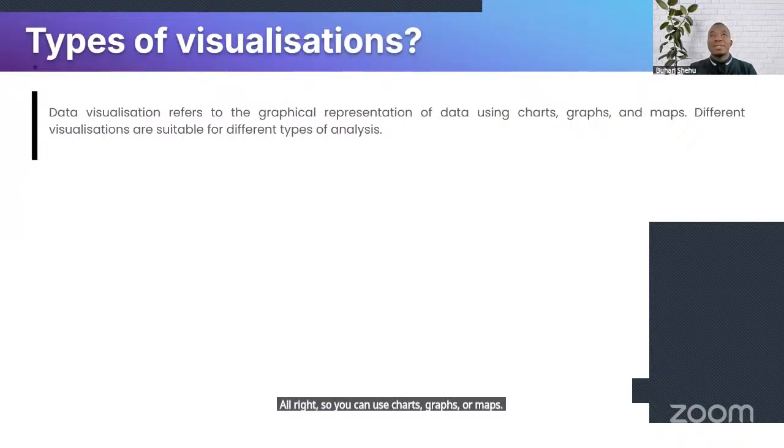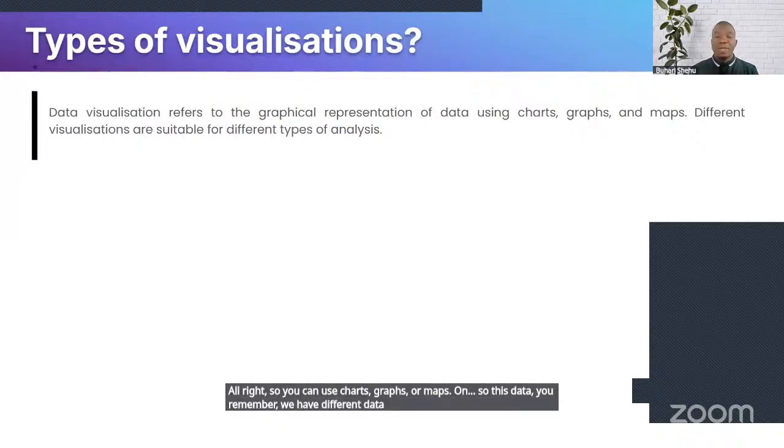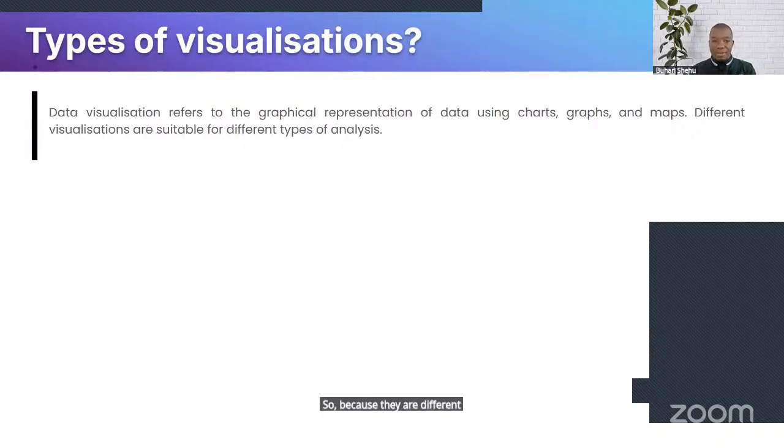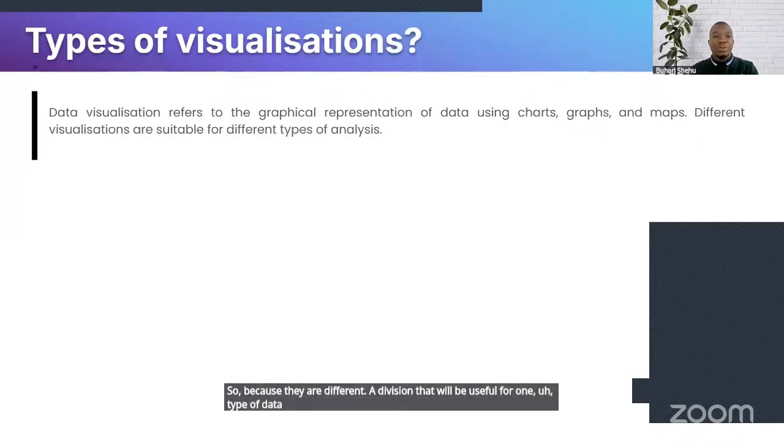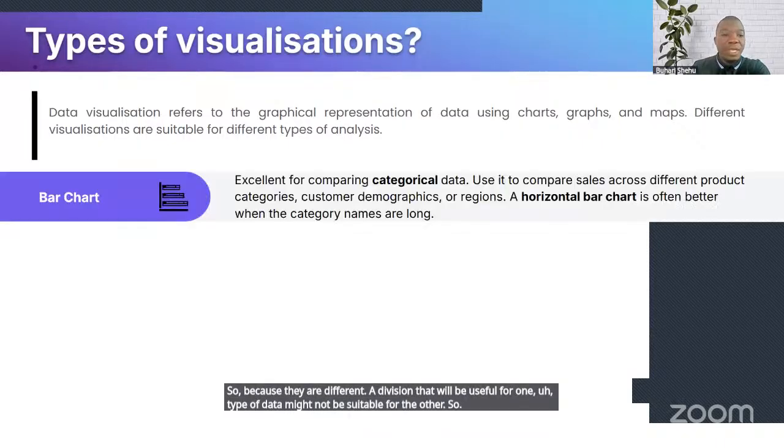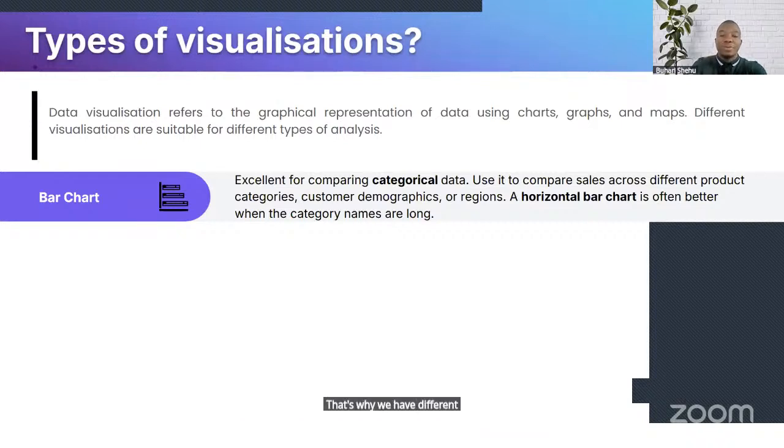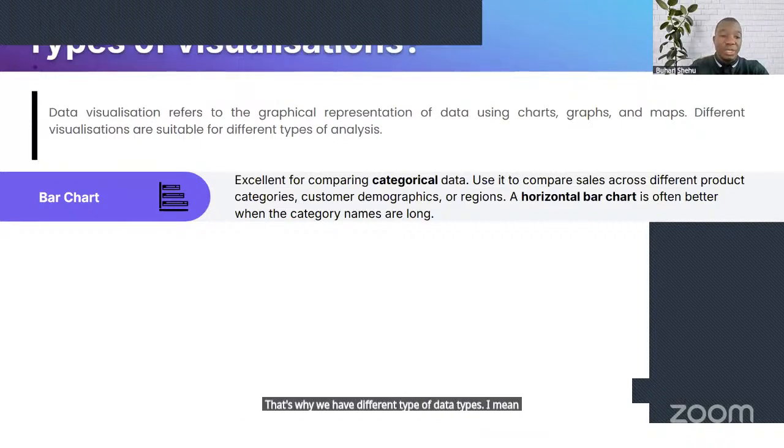And this data, you remember we have different data types, right? Because they are different, the visual that will be useful for one type of data might not be suitable for the other. That's why we have different types of data visualization. One of them is the bar chart.